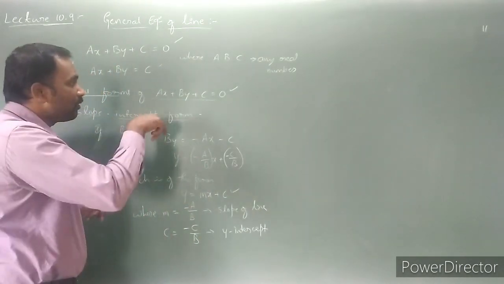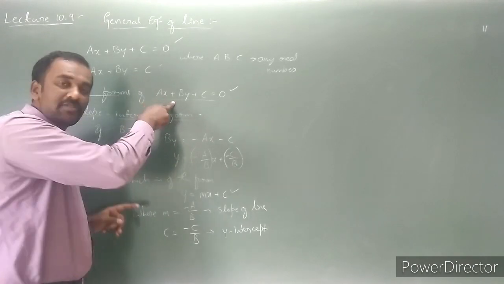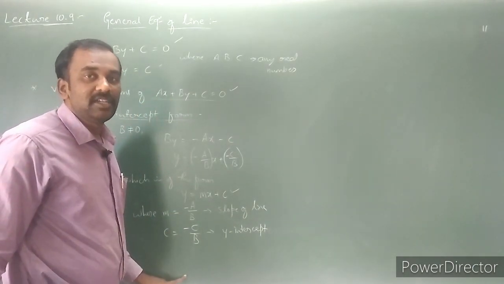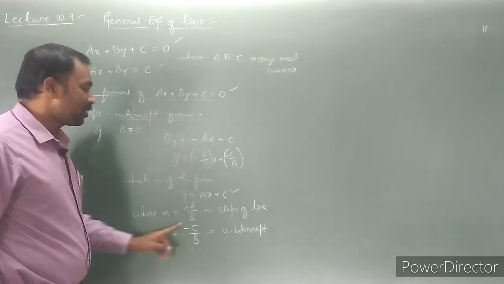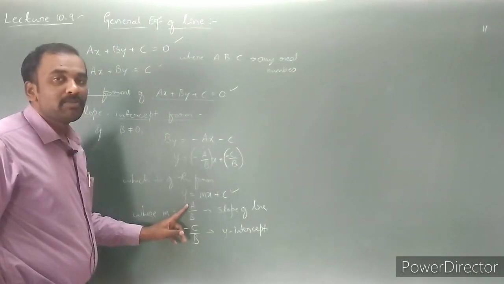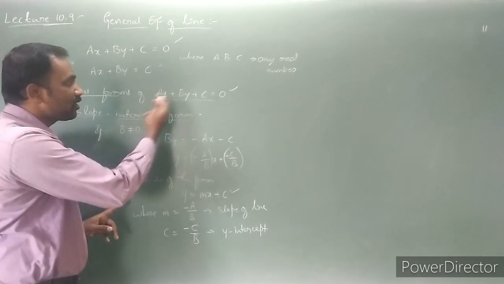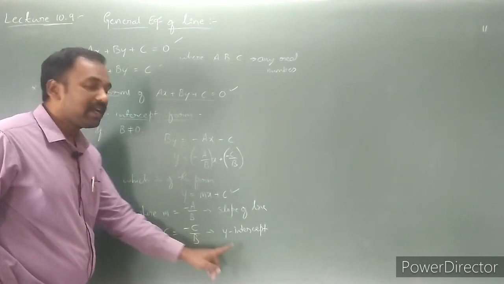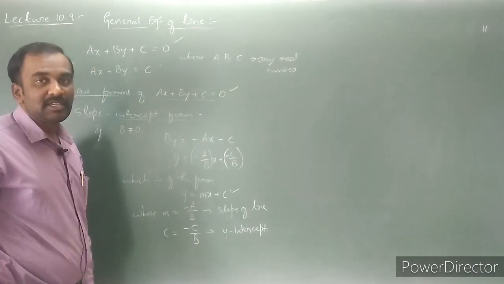Now, in this video, we learn that whenever the equation of the line is given, how to find the slope and y-intercept. To find the slope, take -A/B, where A is the x coefficient and B is the y coefficient. To get the y-intercept, take -C/B.